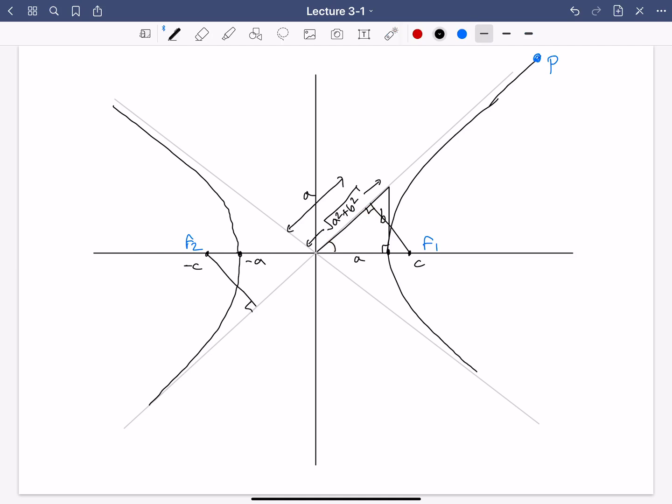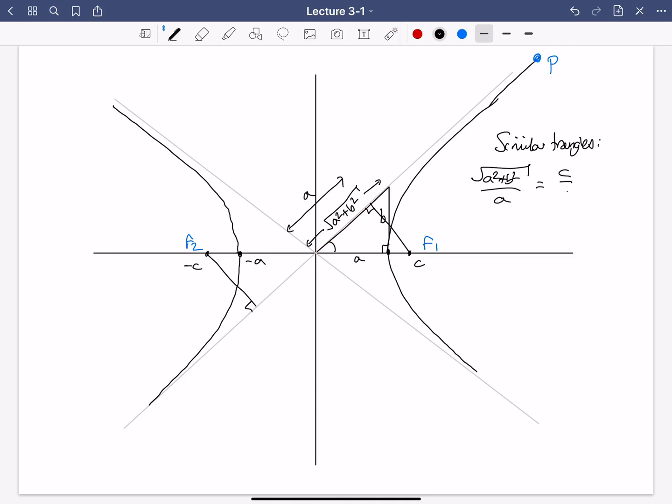So if I just use similar triangles, let's look at the hypotenuse over the adjacent side in that triangle. So that's root a squared plus b squared over a. And similarly in the other triangle, hypotenuse, which is c, over the adjacent side, which is a.